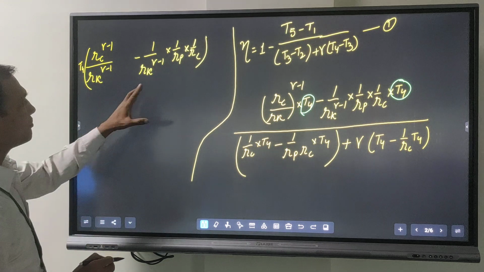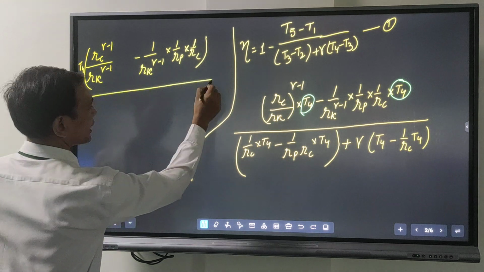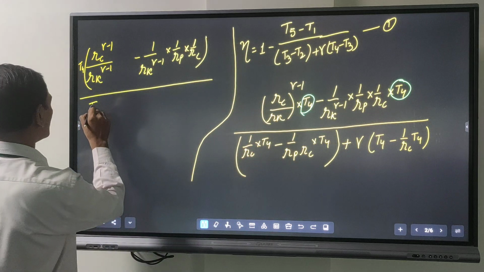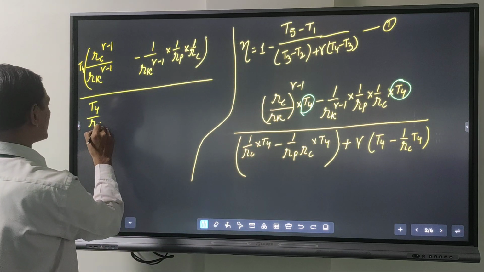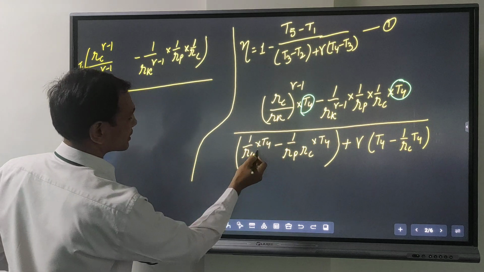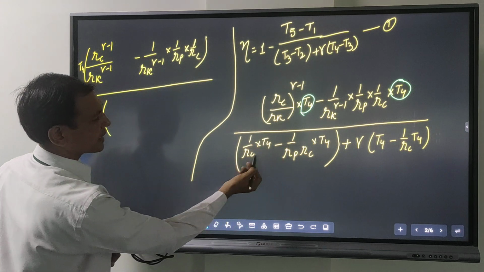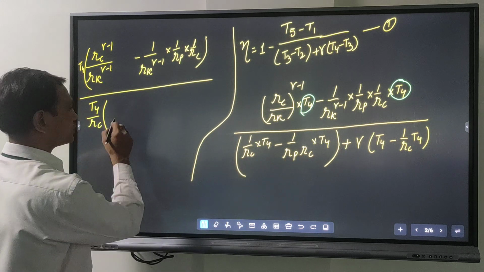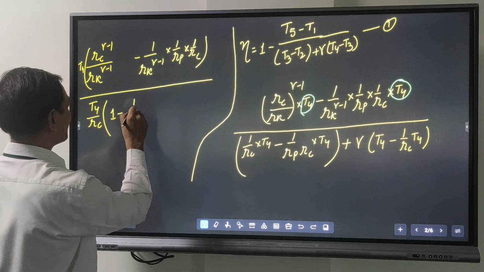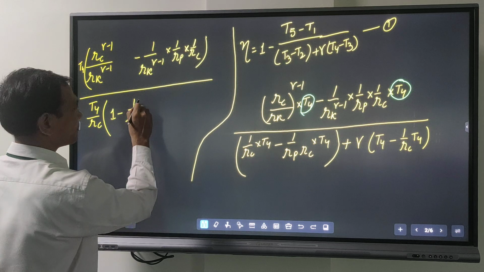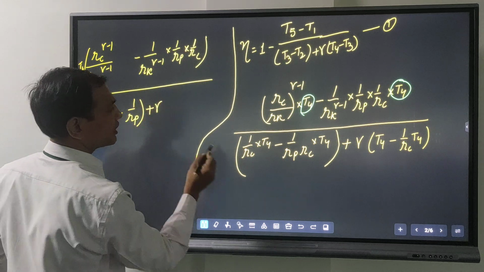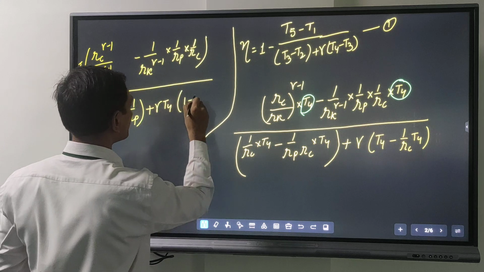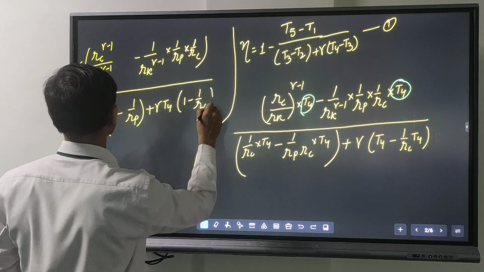T4 by Rc is common in both terms. So 1 minus 1 by Rp plus gamma; we can take common T4, here 1 minus 1 by Rc.